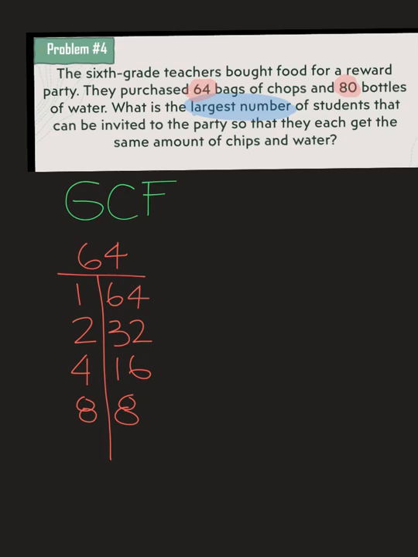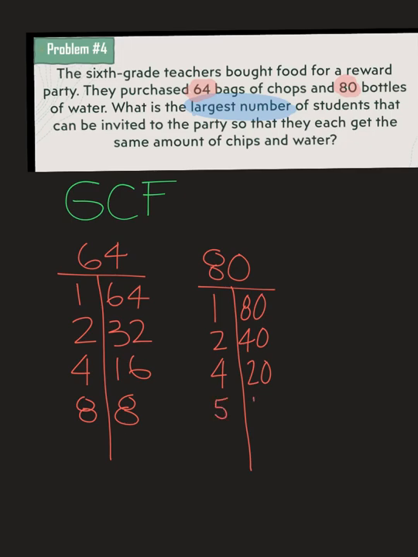Second one, we have to find the factors of 80. So I'm going to make a T-chart again and start listing my factors. So 1 times 80, 2 times 40. Well, 80 divided by 3 does not go in evenly, so I need to skip to 4. 80 divided by 4 is 20. 5 times 16 will give you 80.